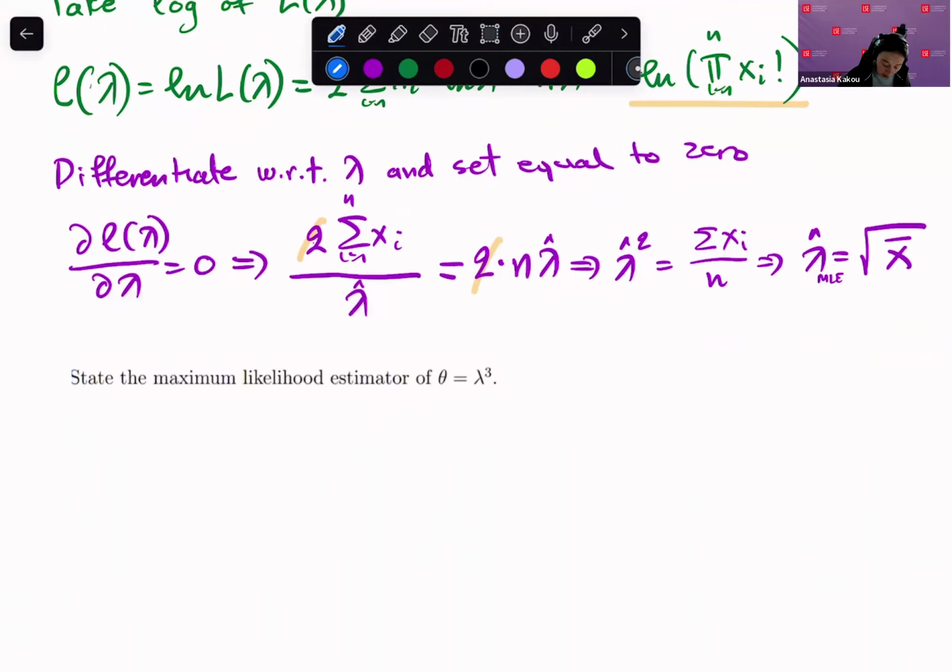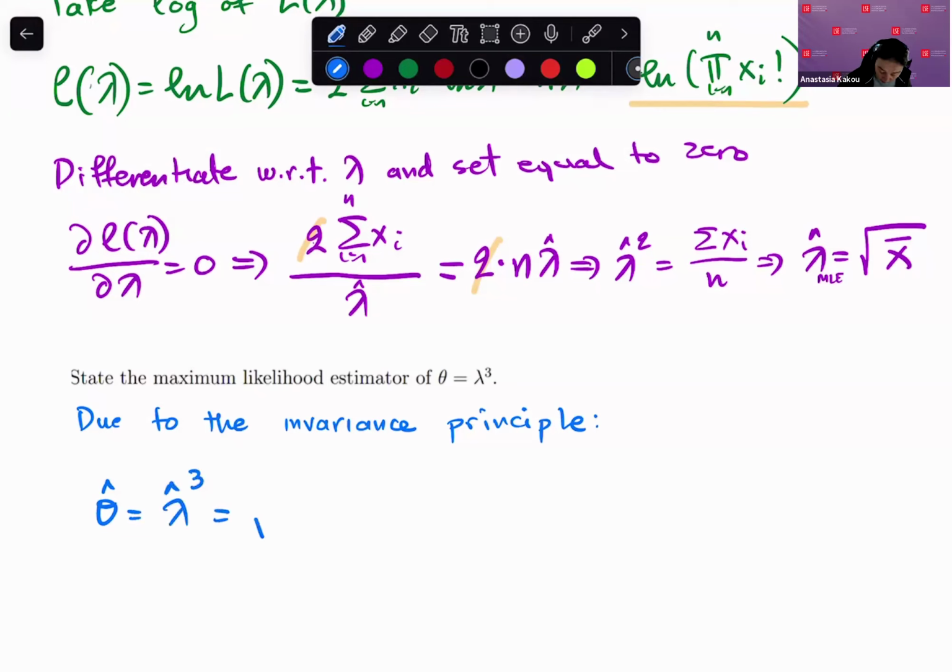Now you need to say that due to the invariance principle, we have the same function that we applied to the parameter, we apply to the estimator. So theta hat is equal to lambda hat cubed, and lambda hat was the square root of the x bar.